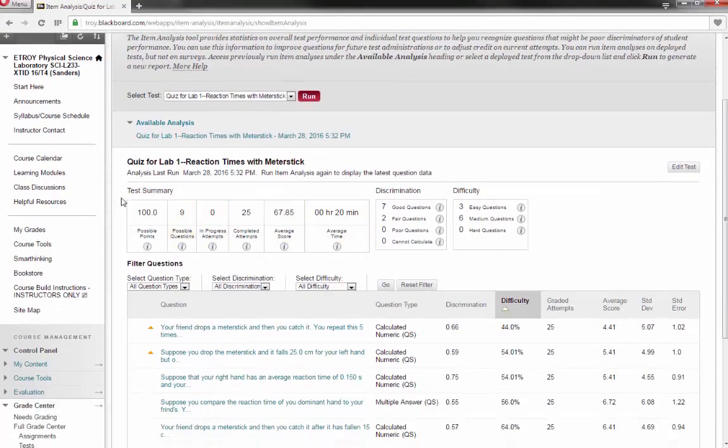It shows a variety of things: how many points possible there were, how many questions there were, what your average score was, how many people actually attempted this, etc.